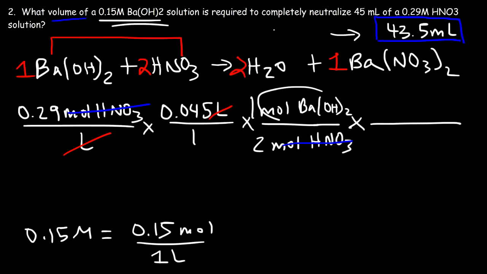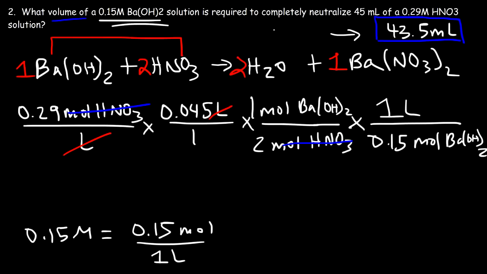So since we have moles of barium hydroxide on the top, we need to put moles of barium hydroxide on the bottom. So 1 liter of barium hydroxide solution contains 0.15 moles of Ba(OH)2. And I'm running out of space here. So we can cancel these 2 units.